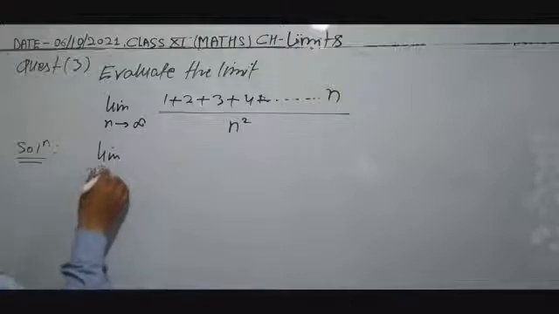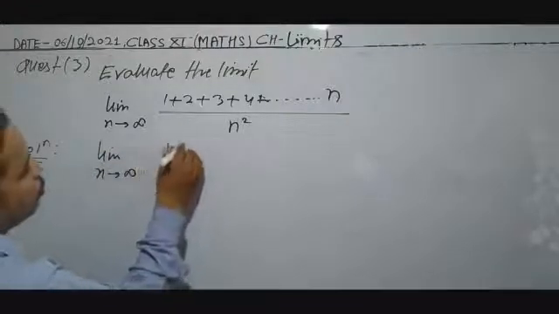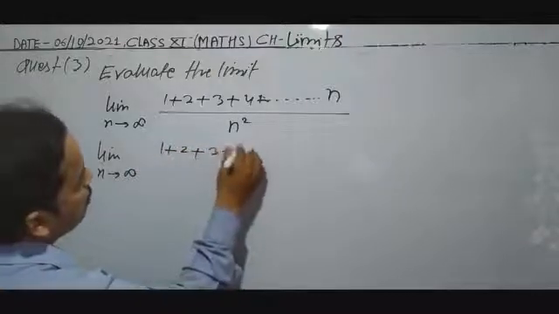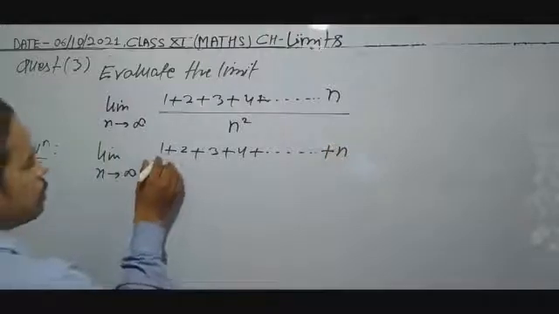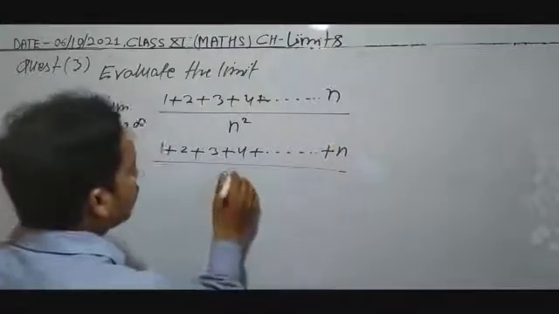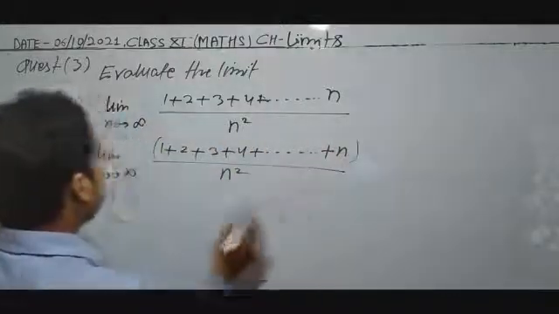Since limit n tends to infinity of 1 plus 2 plus 3 plus 4 plus up to n, the whole upon n square. Now you know this is the sum of n terms of a sequence.